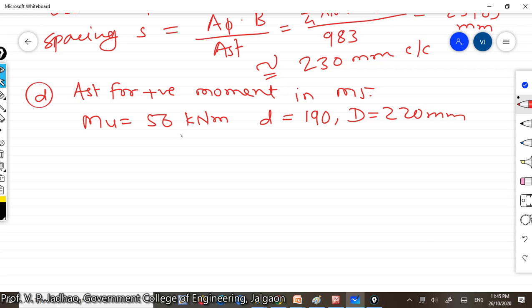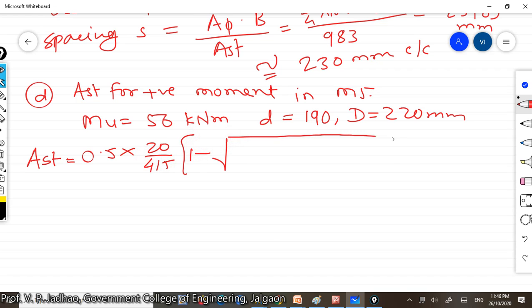Now we know that AST calculated is given by 0.5 into FCK. I will directly put the values. FCK is 20, Fy is 415, into 1 minus square root of 1 minus 4.6 into Mu, which is 56 into 10 raised to power 6, divided by FCK b d square, that is FCK is 20, b for the middle strip is 3000 mm, and d square, that is 190 square.